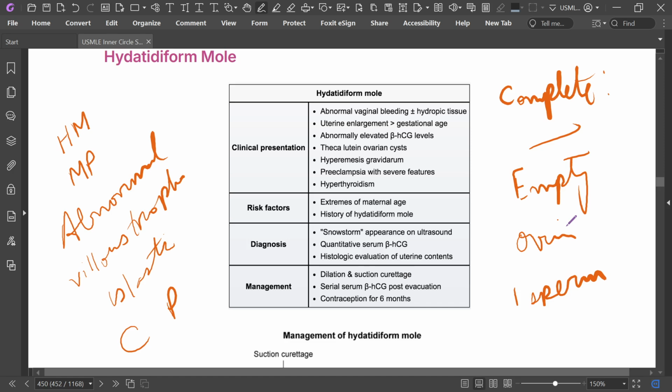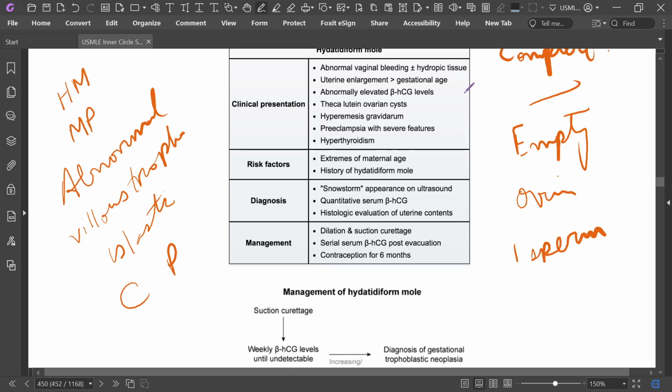The chromosomes from the haploid 23X sperm are then duplicated and form diploid 46XX tissue that contains only paternal DNA.